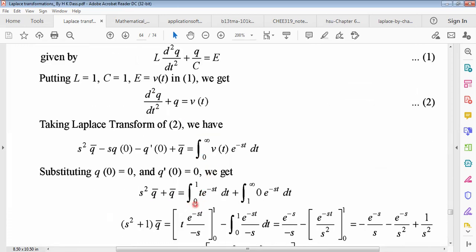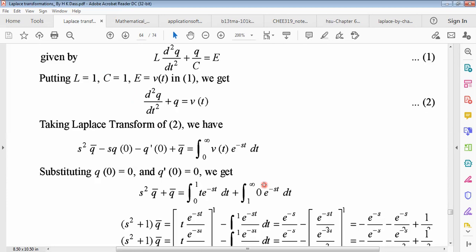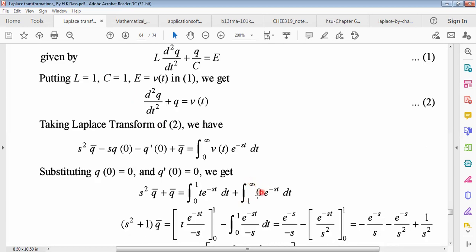And its limit will be 0 to 1. From 1 to infinity the value will be 0, because you must know this value 0 from the given condition. So from 1 to infinity, f(t) is 0, and from 0 to 1, f(t) is t.